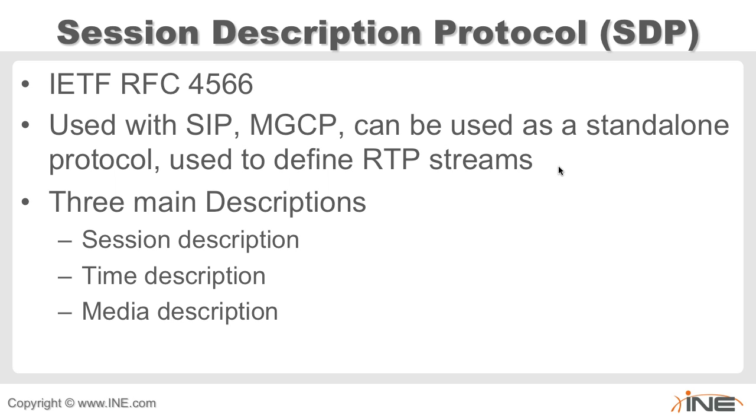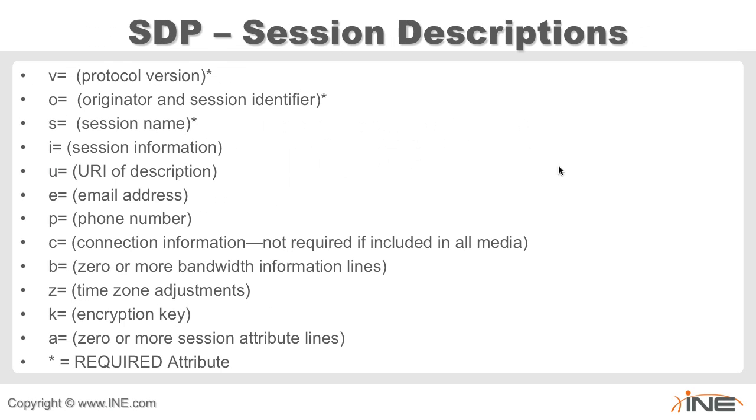So first of all, if it's got an asterisk, you see that it's a required attribute. So it's required that we state the V equals, which is the protocol version. I'm going to give you an example here in just a moment, but V equals something, like V equals 0 for version 0 of the message. O equals something, which is the originator and session identifier, and S equals something for the session name.